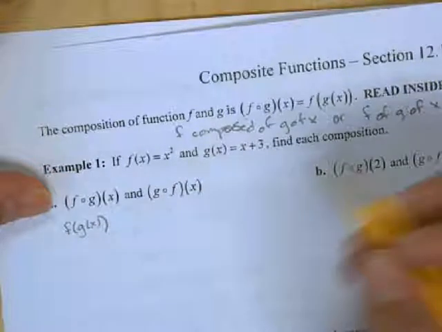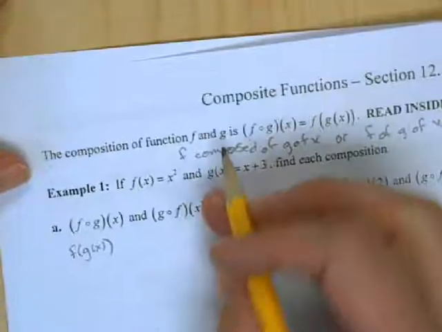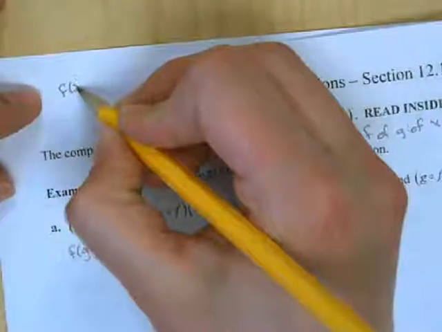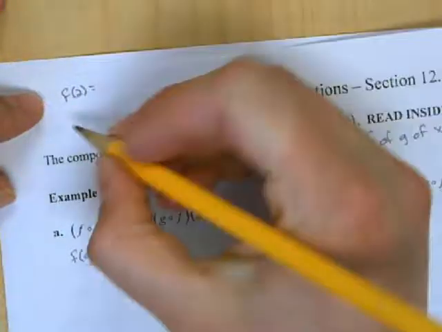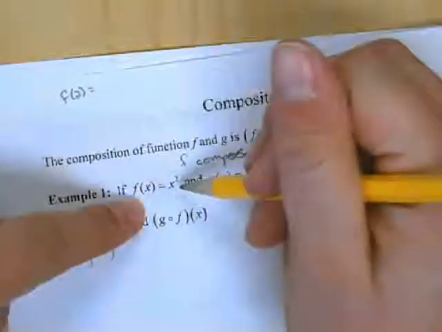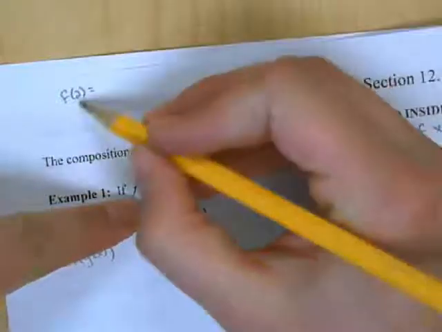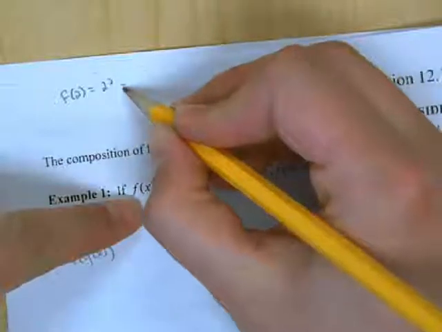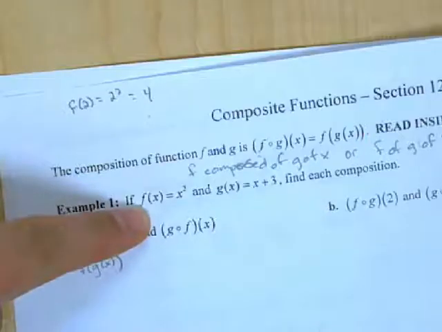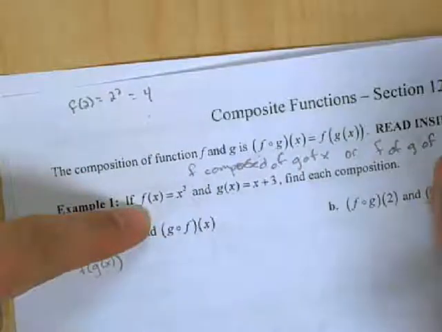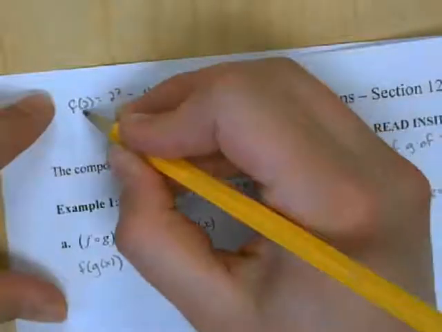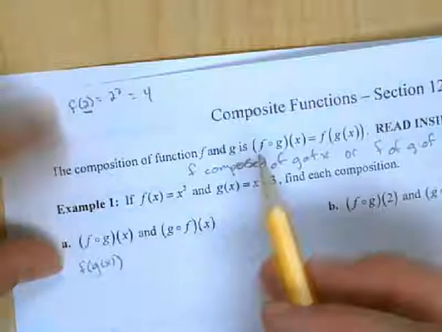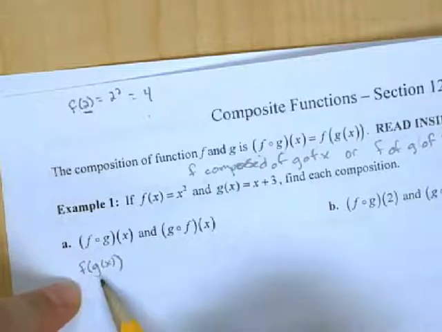So if you think back to the last unit where we looked at stuff such as F of 2, if I had F of X is equal to X squared, and I wanted to find F of 2, well, simple, I just plug a 2 in for X, and I get 2 squared, which is 4. Well, the same sort of thing is happening. Now, instead of just doing a 2 in there, we're actually going to place all of G of X. Well, what is G of X?